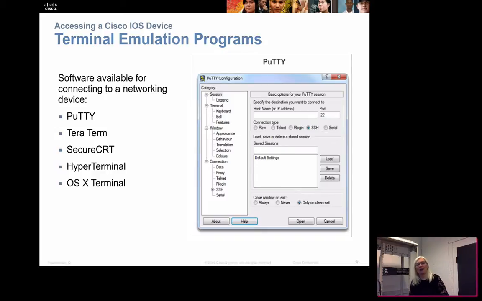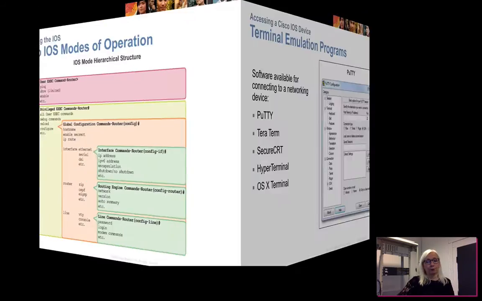And we are using in the lab here a terminal emulation program called PuTTY. You could also use the built-in program in Windows, which is HyperTerminal. I think also OS X has a terminal program. PuTTY is the easiest way to connect to it. So we just connect and we say we're going to connect through the serial interface, and then we just get access to it that way.